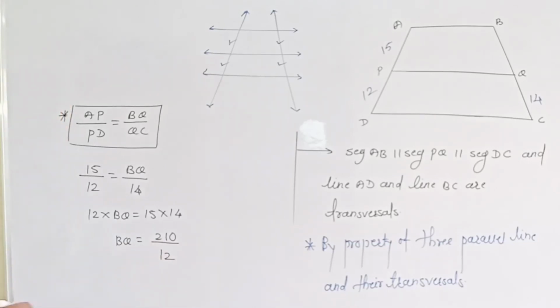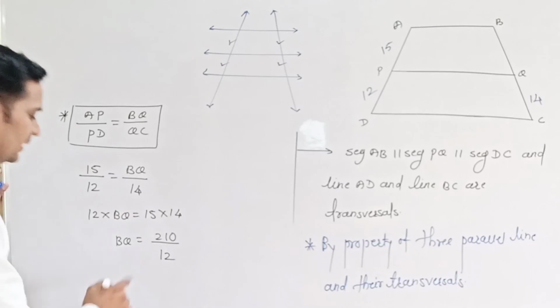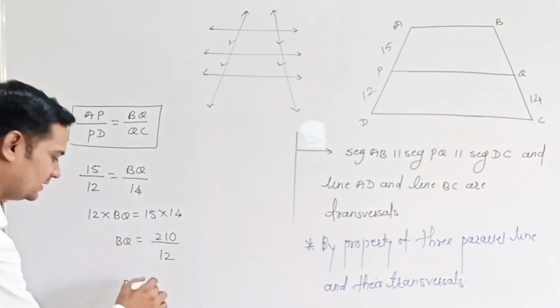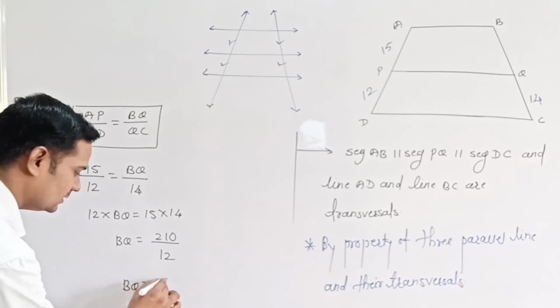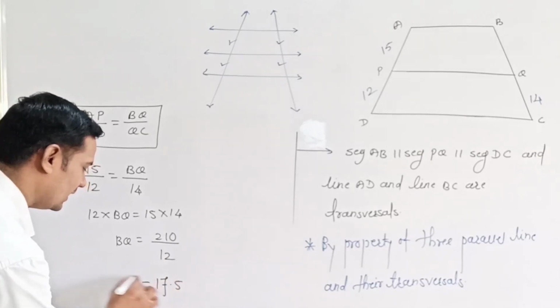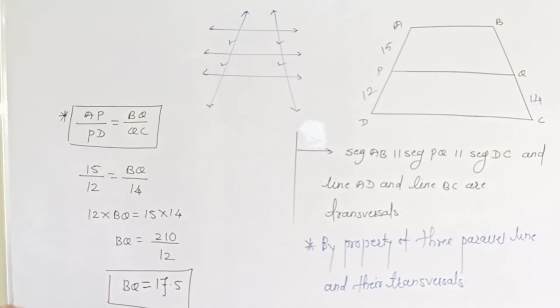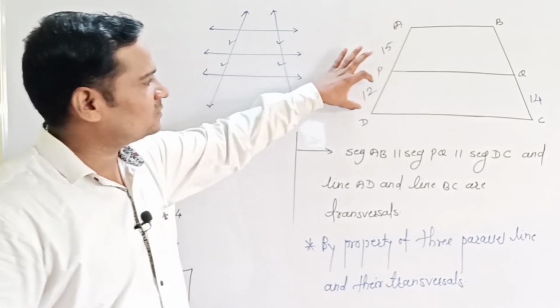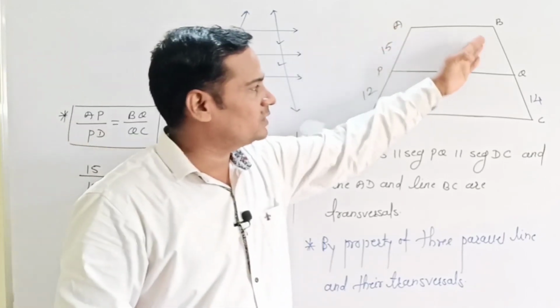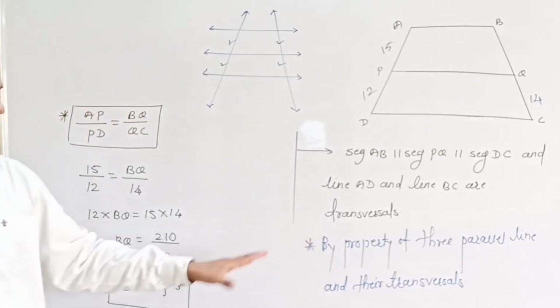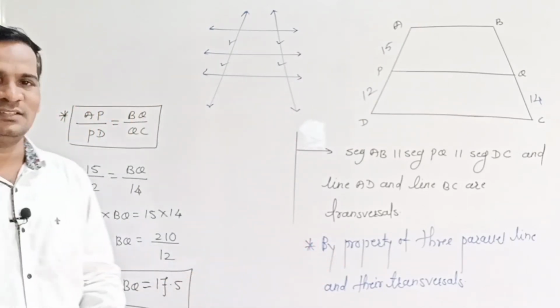Let's simplify this, and the answer will be 17.5. How simple is this? BQ is equal to 17.5. The ratio of these two intercepts is equal to the ratio of these two intercepts. That is the property of three parallel lines and their transversal.